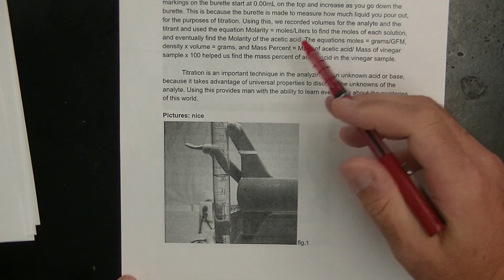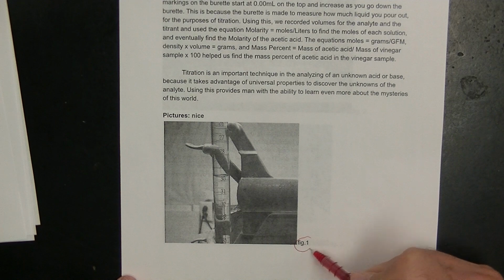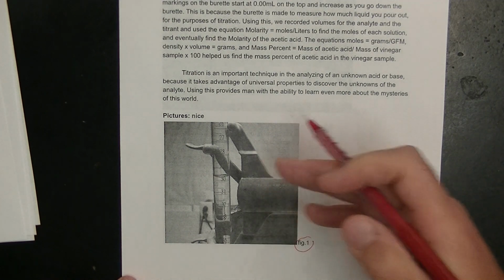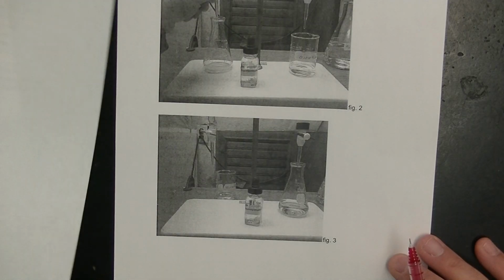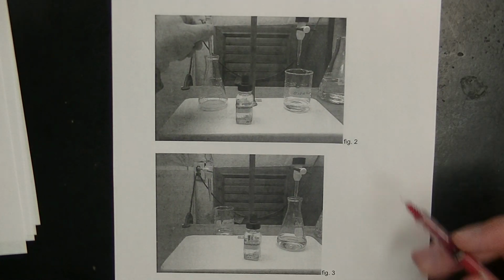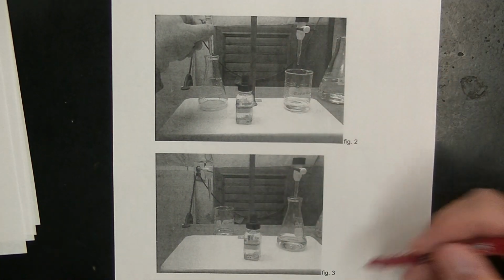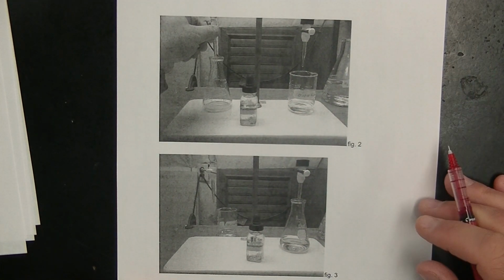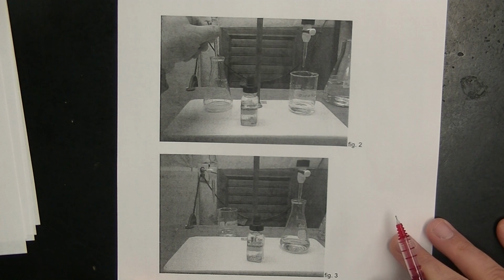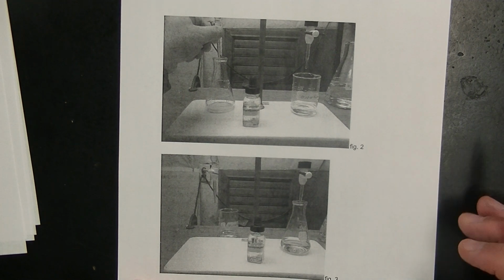If you look back through his lab, he refers to the figures. So I would look at figure number 1, flip over to here, and here are some more pictures, figure 2, figure 3. Your pictures go at the end, label them, and you can refer to your pictures throughout your lab. Don't put them in the lab itself, always put them at the end.